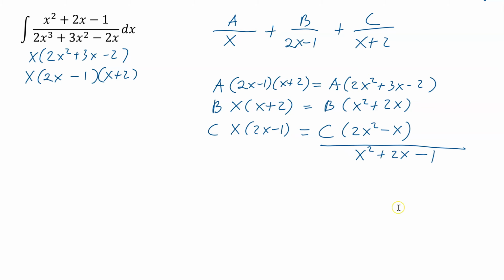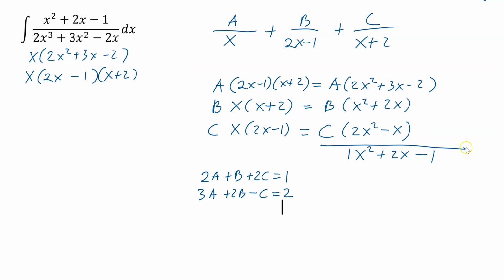So that is our first equation. It would be 2a plus b plus 2c is equal to 1, because there's a 1 there. And then our next would be 3a plus 2b minus c equals 2.